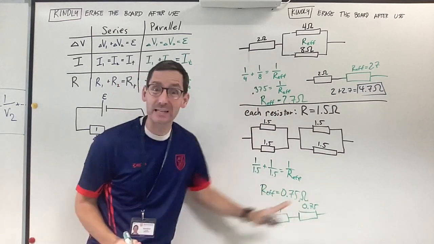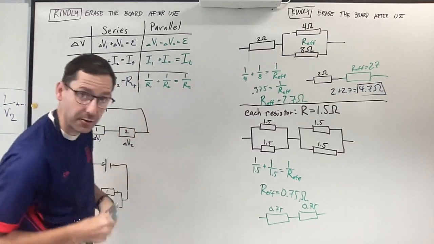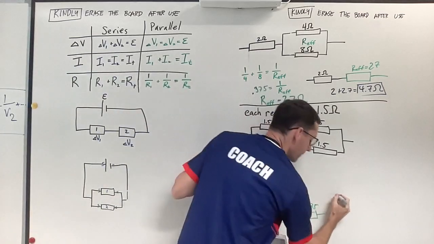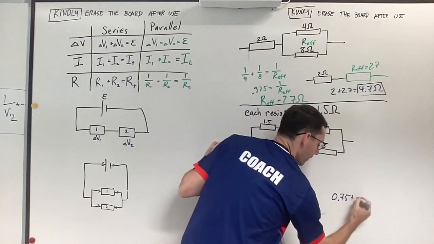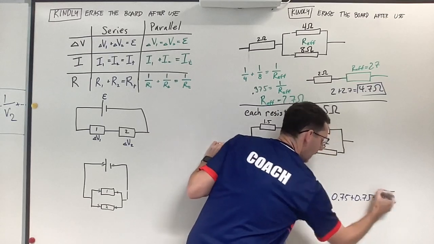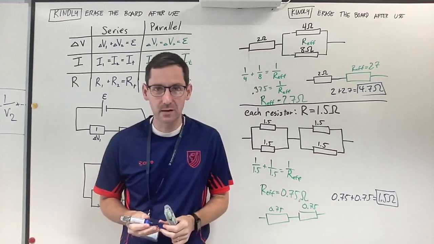So now they're in series. And because they're in series, all I have to do is add them together there. And so I'm going to add together the 0.75 and the 0.75. And I get a total of 1.5 ohms.